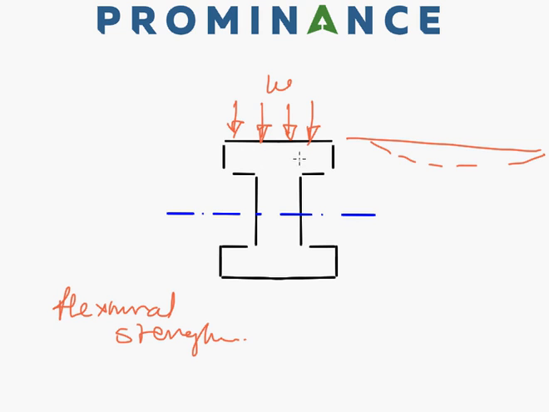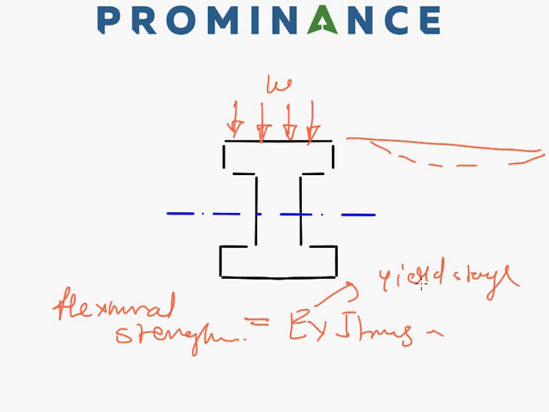So if you consider the flexural strength of an I-beam, it will be E into I. Here E is the Young's modulus, and I is the property which depends on the geometry of this I section, which is called the second moment of inertia.